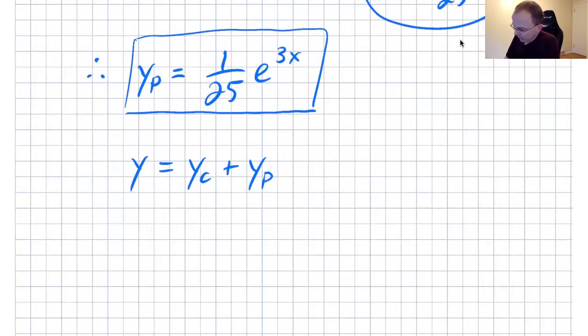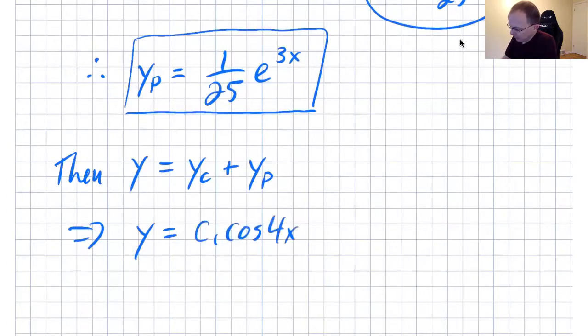So it's not really therefore, but let's just continue. So this implies that y is equal to c1 cosine 4x plus c2 sine 4x plus 1 over 25 e to the 3x.